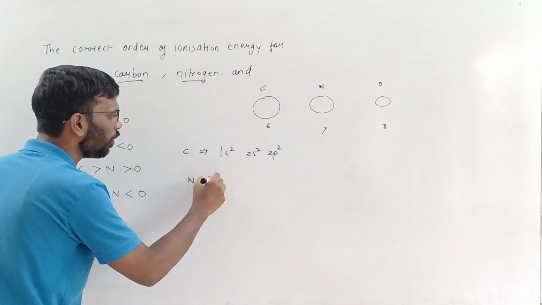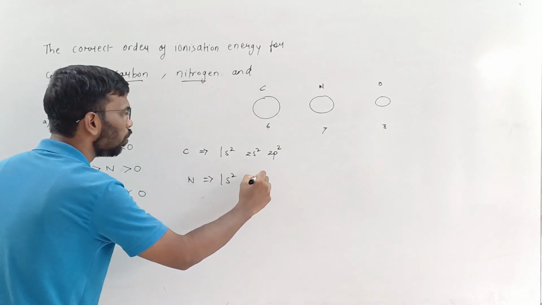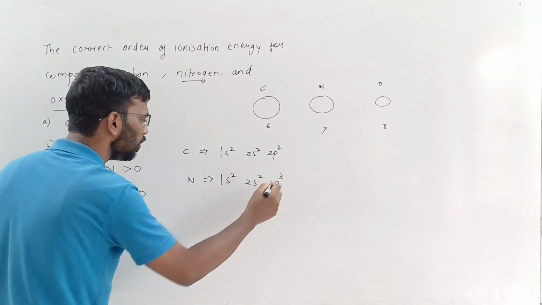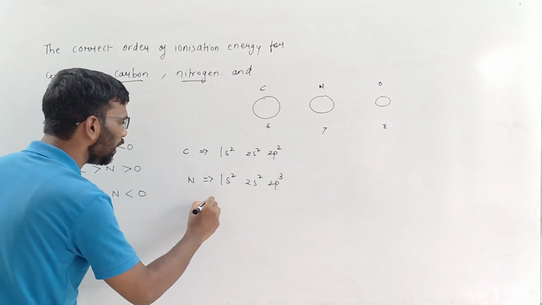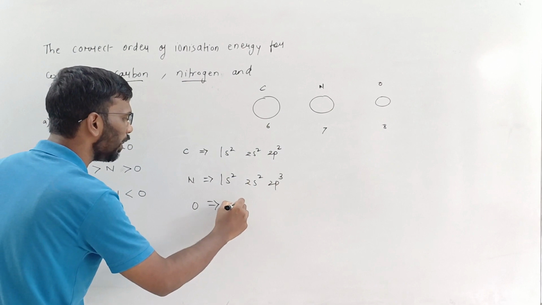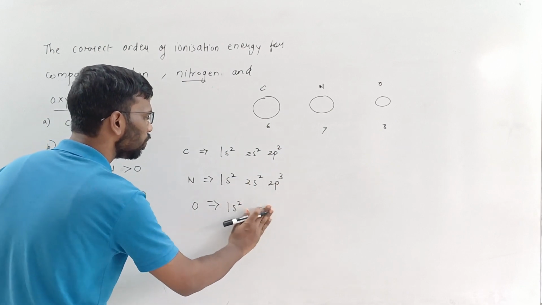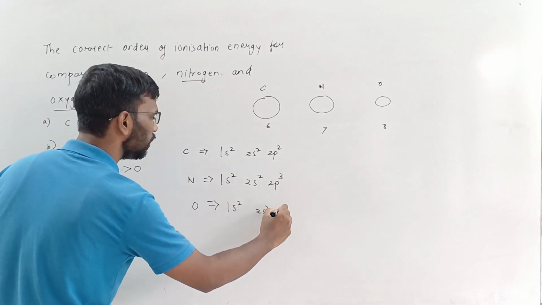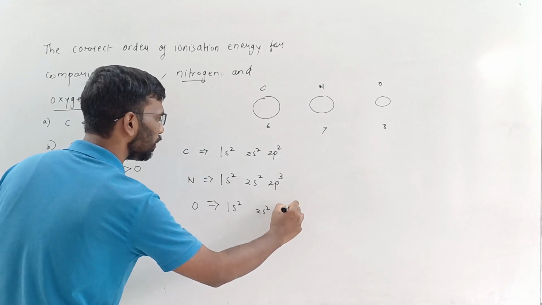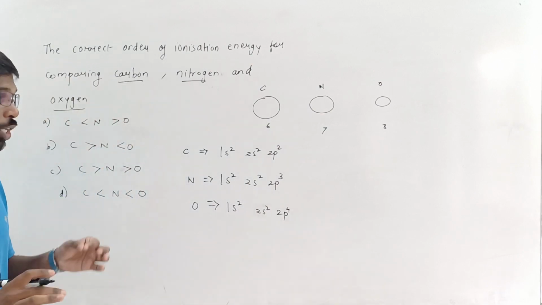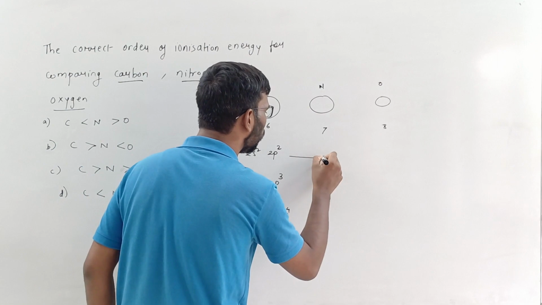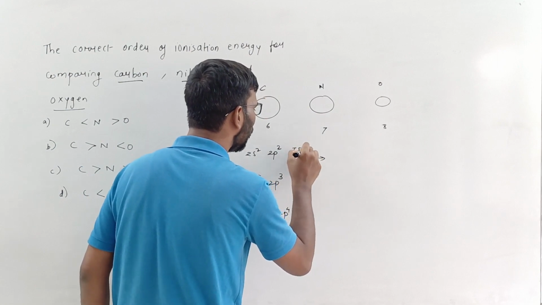Nitrogen atom's electronic configuration is 1s2, 2s2, 2p3. And oxygen atom's electronic configuration is 1s2, 2s2, 2p4.